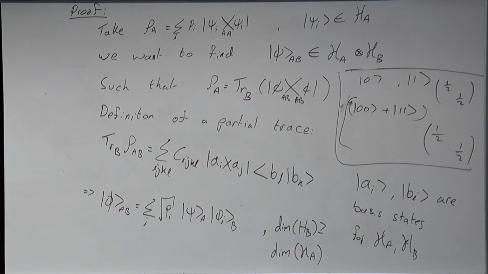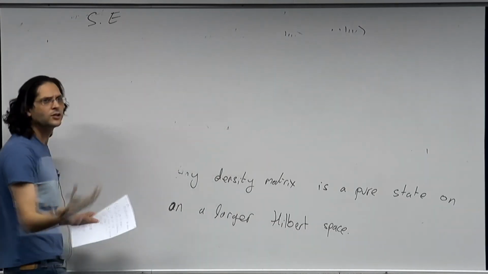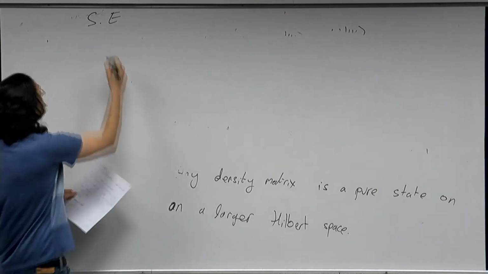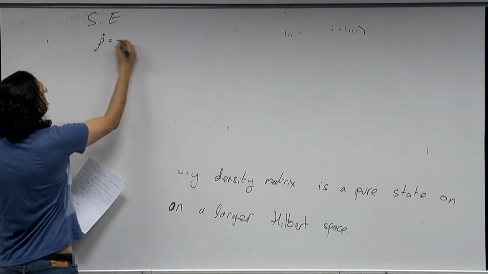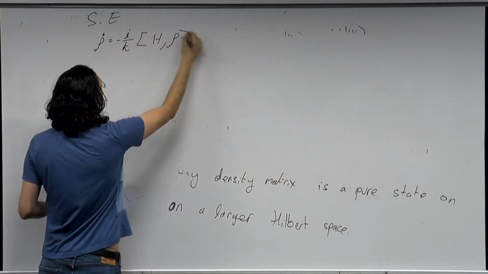Okay. So before we move on to measurements, I want to write down, just to make sure that everybody remembers, two more properties of the density matrix, and then we'll discuss measurements. So, the Schrodinger equation written in terms of the density matrix just reads as rho dot equals minus i over h bar, commutator of H and rho.